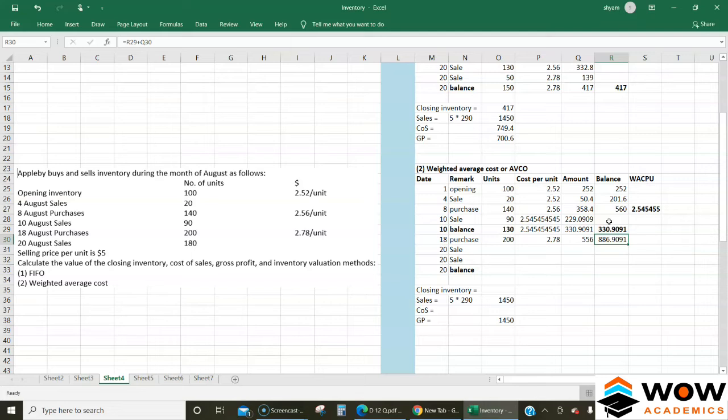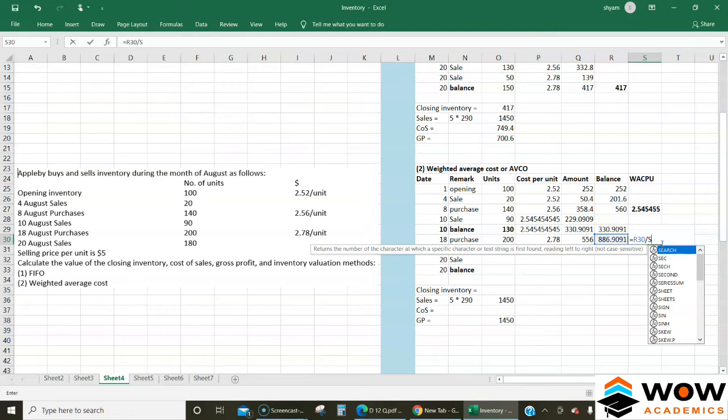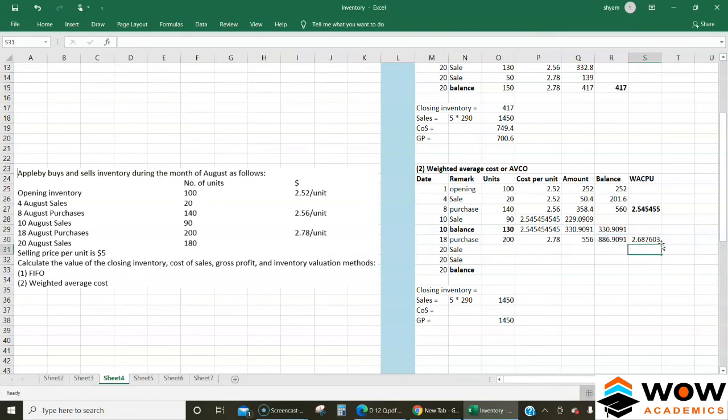So it comes to 886. We have to find out the weighted average. Every time we purchase, we have to find out the weighted average. So it's the balance amount divided by the units. Totally how many units do we have now? We have 330 units. So it comes to 2.67. So this is the rate at which we have to sell.